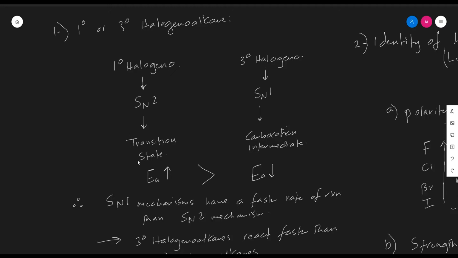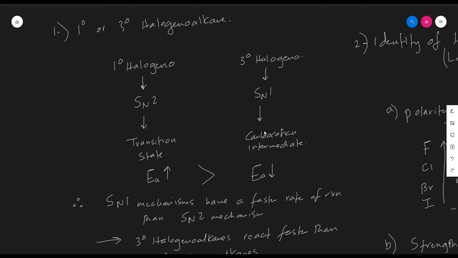comparison with the transition state formed for SN2, the carbocation intermediate is always more stable than a transition state and thus requires less activation energy for its formation than a transition state does. Therefore, the activation energy required to form a transition state is higher than the activation energy required to form a carbocation intermediate.